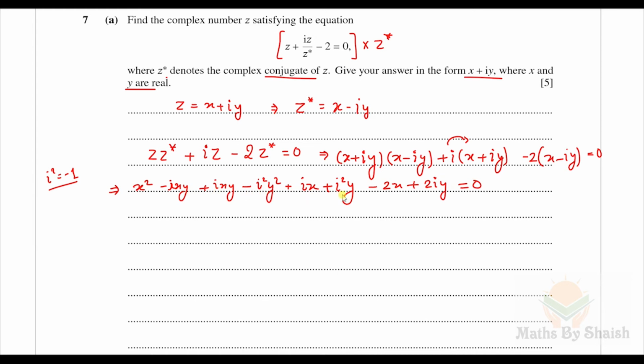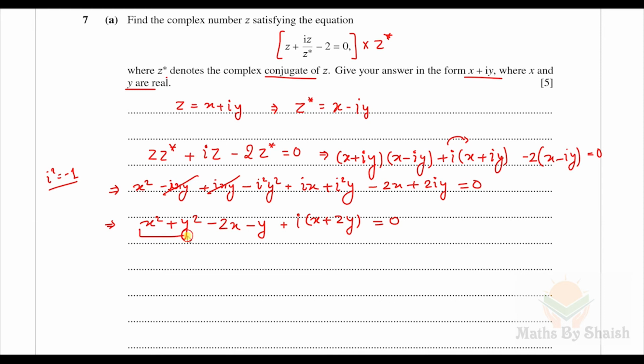Now there is an iota square, these two will be cancelled, and I will put minus 1 in place of iota square. You will get x square plus y square, and here it is minus 2x minus y, and plus iota times x plus 2y is equal to 0.